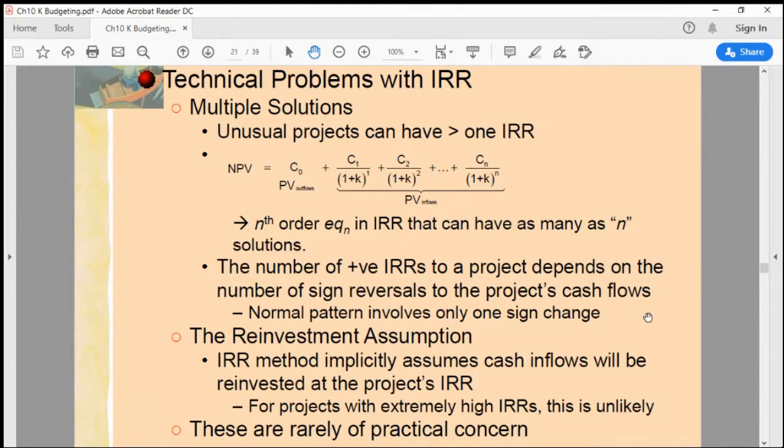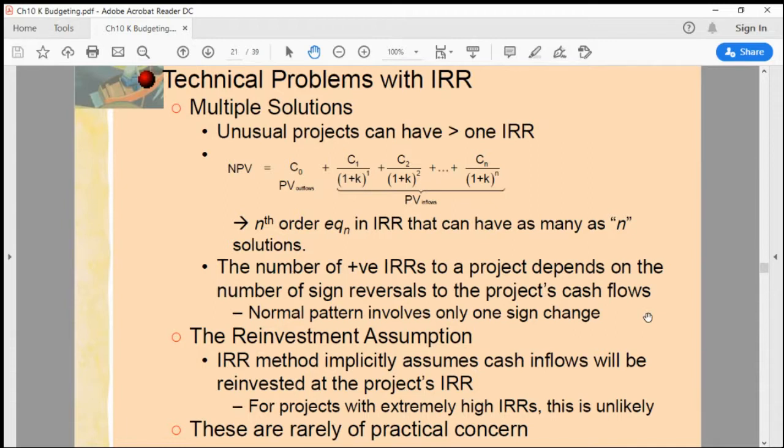So you remember, if you have a long-term project, like 10 years, 15 years, negative cash flow doesn't necessarily happen only at time 0. At some point later, there can be another infusion of capital or another investment.